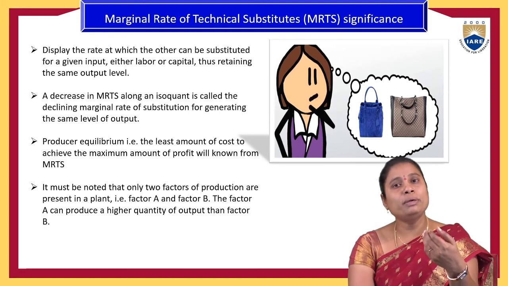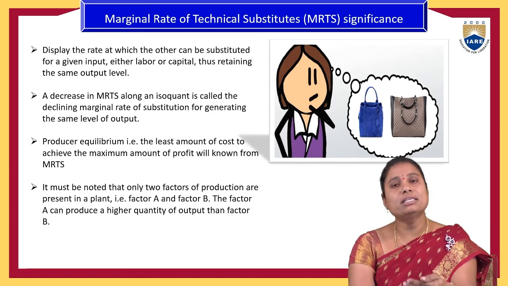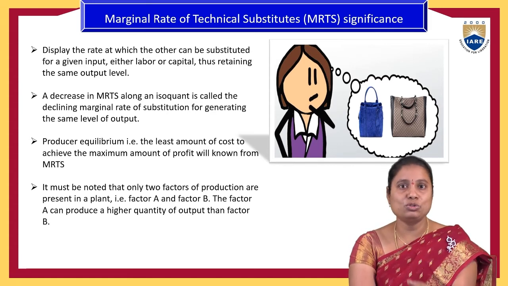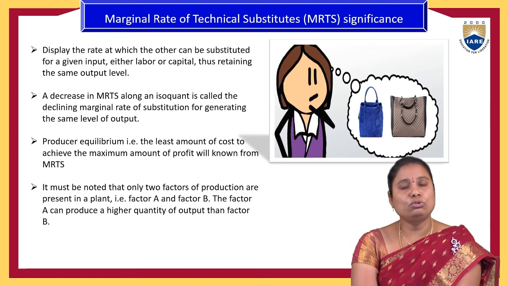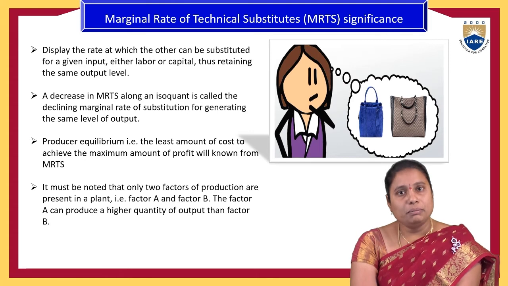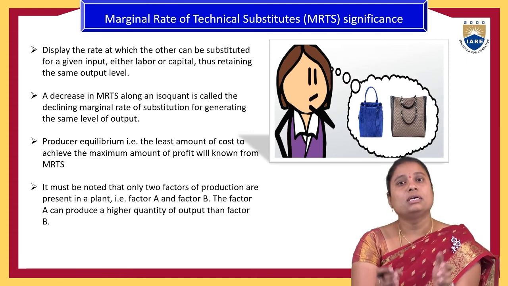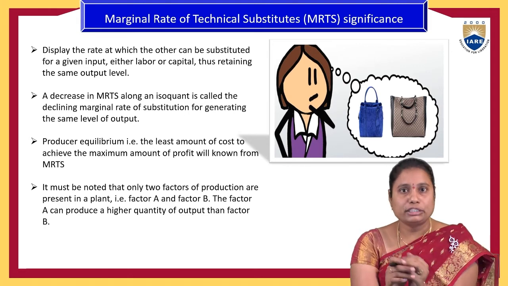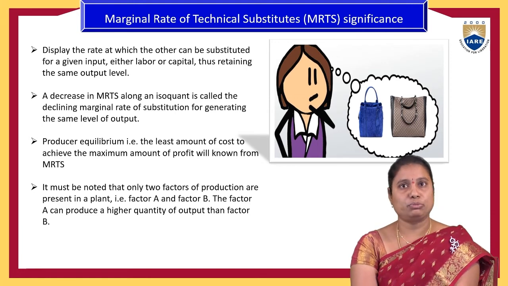Is it going to yield the same output or not? Is it going to give the same expenditure to the producer or not? So in all these cases, a producer should have some information about the marginal rate of technical substitution. That is the important and significant factor of the marginal rate of technical substitution.